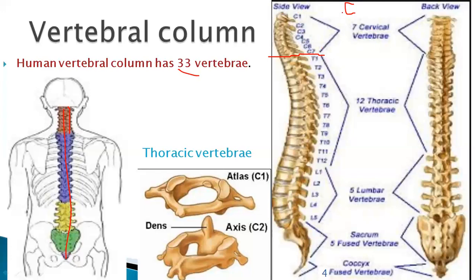Even from the smallest vertebrate to the largest, like the giraffe, which has the longest neck, it also has only 7 cervical vertebrae.